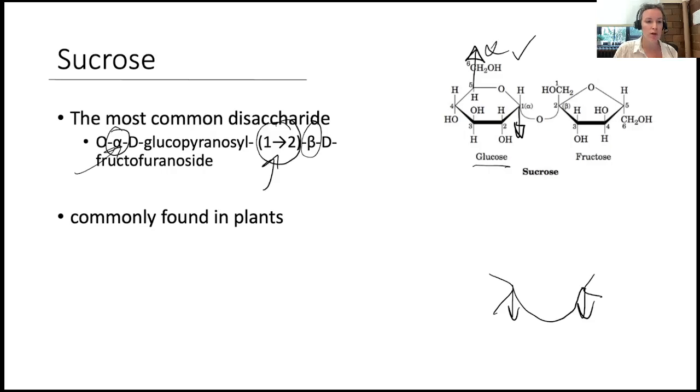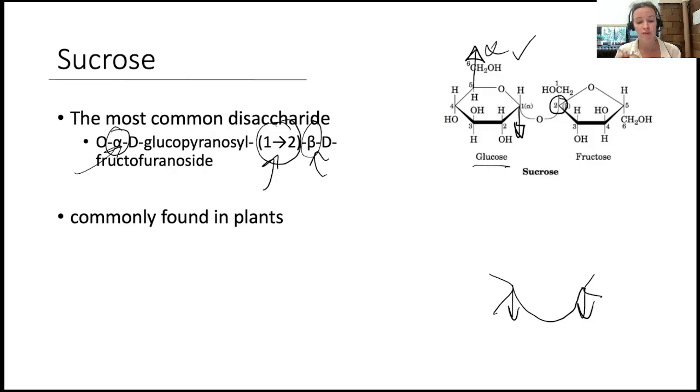Finally, what's going on with this additional beta that we have to deal with here? Well, since fructose is a ketose, this means that carbon number 2 is its anomeric carbon. So we have this odd arrangement where we have a glycosidic bond from glucose's anomeric carbon to fructose's anomeric carbon.